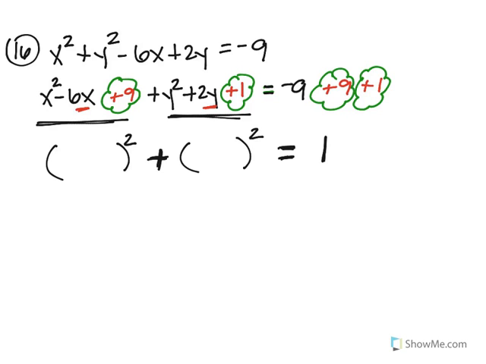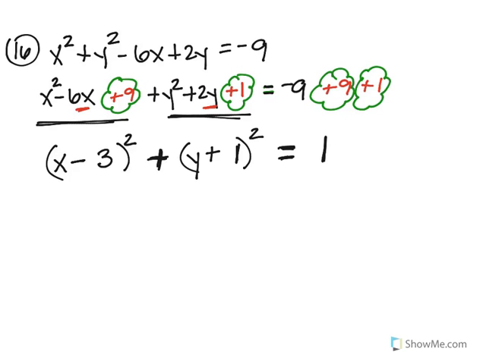So we're going to put the factor form of each, the x and the y, in the parentheses. If you don't see that, you know you're going to put the same sign, same letter, same sign, and half of 6 or the square root of 9, which is 3. Same thing for your y: the same letter, same sign, that's positive, and then either half of 2 or the square root of 1, which is still 1.